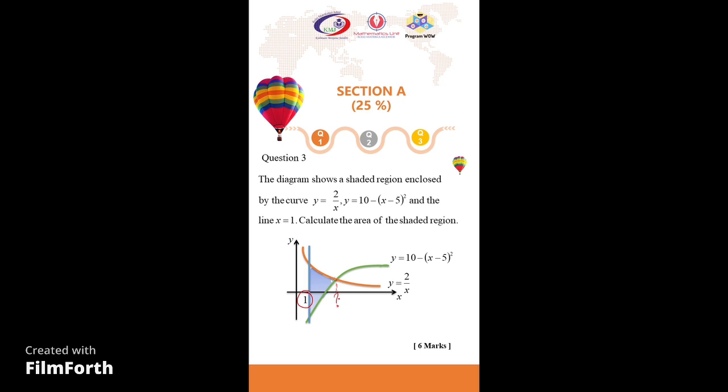So how to find the upper limit? You need to find the point of intersection between the green curve and the orange curve. So to find the point of intersection, you need to solve simultaneous equations.